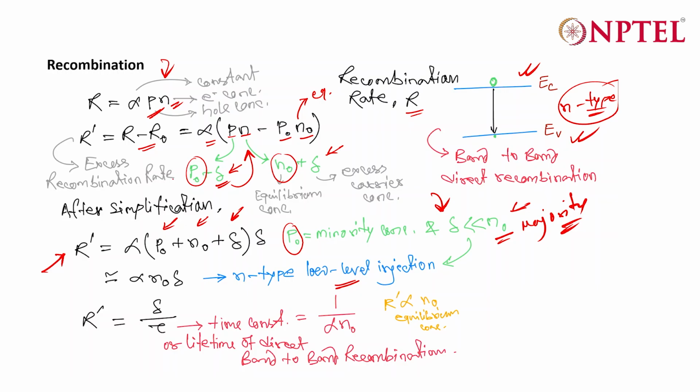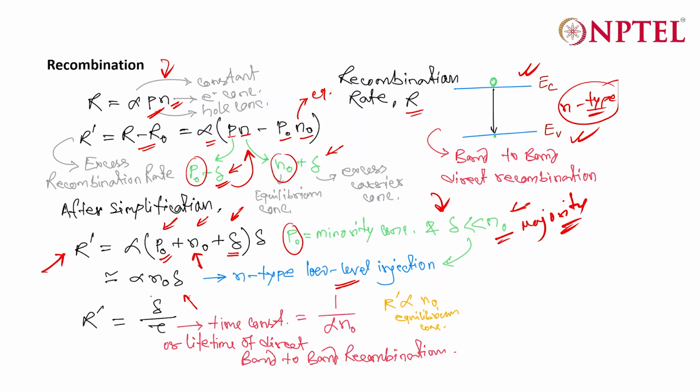So we can ignore the term P0 because P0 is minority, and delta because delta is excess carrier concentration, and both of them are significantly less than that of the majority carrier concentration N0. So we will have an expression of this kind wherein R dash is equal to constant into N0 into delta.